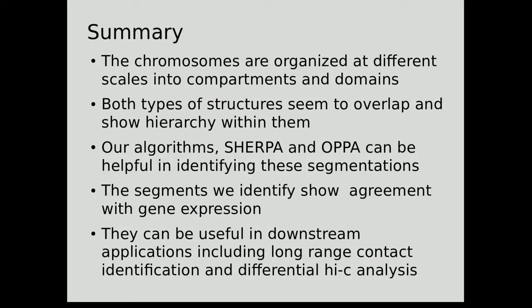So we have indications. I wouldn't say that this is completely proven, but we have, for example, also looked at replicate reproducibility, and it seems to be not getting worse at the lower level. So these things make us think that we're looking at something that is real and not just dividing arbitrarily those segments that other people have.